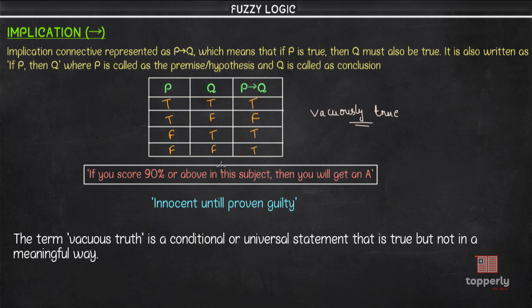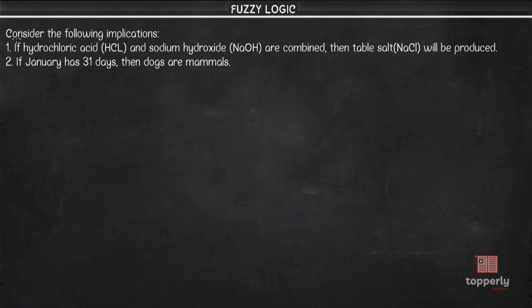Let's consider another example for implication. Consider the following implications. If hydrochloric acid and sodium hydroxide are combined, then table salt or NaCl will be produced. The second statement is, if January has 31 days, then dogs are mammals. Technically, both these statements are true.